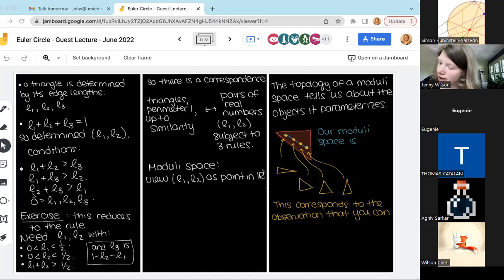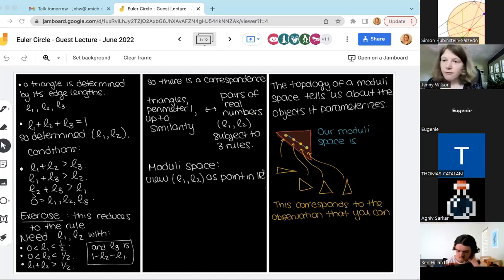And so if I view this pair of real numbers as a point in the plane, then we can in fact interpret this moduli space as a subset of the plane.